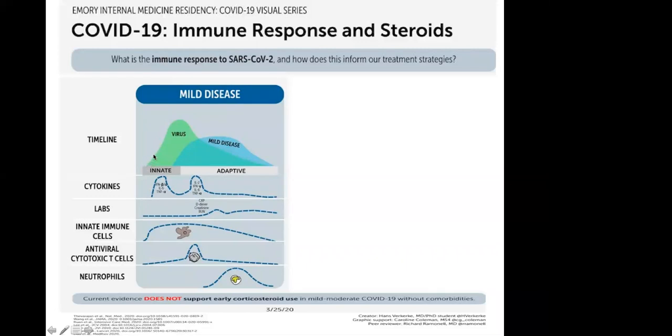The virus would initially start replicating, and then once the immune system interferes, the viral loads start going down, patients start manifesting a mild disease, and then they recover as the viral replication decreases and then eventually stops. And then with that, you have cytokines increasing, including interleukin-6, tumor necrosis factor alpha, and interferon gamma. And then you have with that CRP, D-dimer, creatinine maybe increasing, and then eventually plateauing and improving.